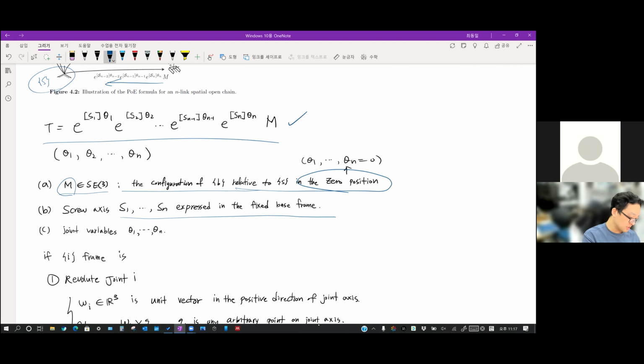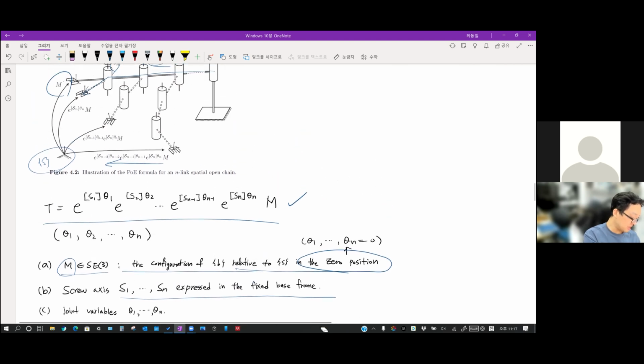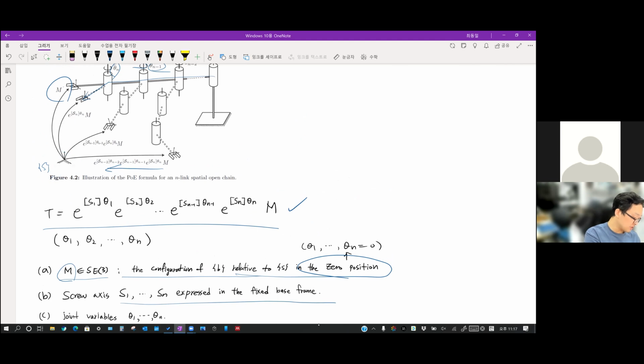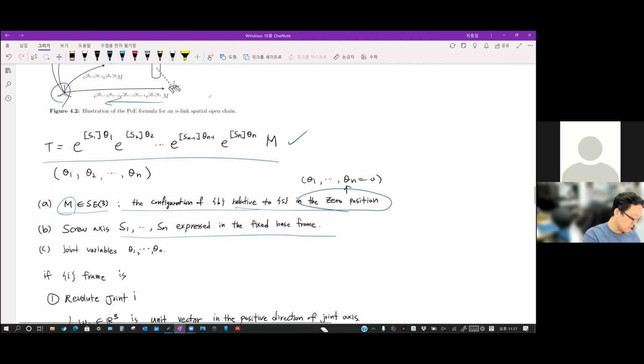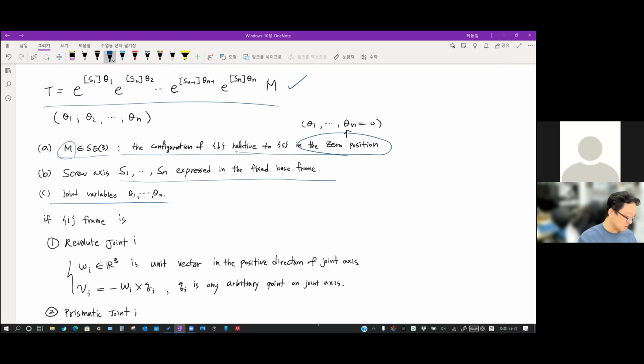This fixed base frame can be any point, any frame. So we can think of this one, or we can define some other S frame here. And there are joint variables theta 1 to theta n. So we don't need the i frame, we don't need to worry about this one.